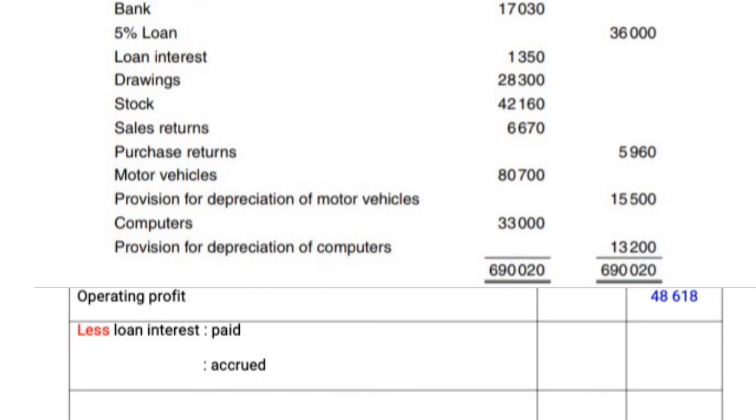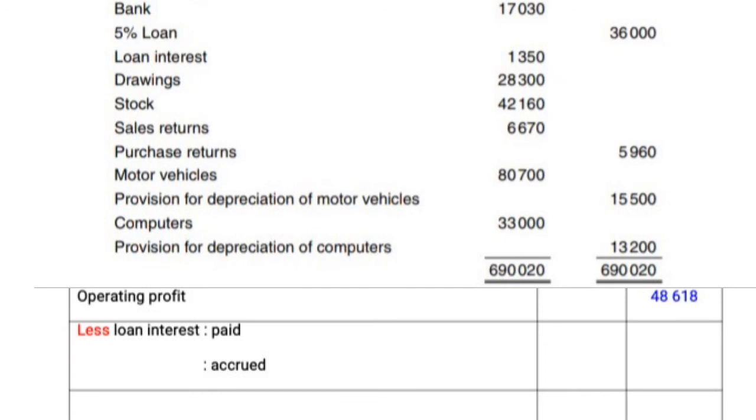But remember, the trading and profit and loss account doesn't deal with cash basis, but with accrual basis. So accrual basis says that you do not have to record only the loan interest that was paid, but you have to record the total loan interest that was supposed to be paid in the financial accounting period. So the total is found by adding the paid with the non-paid, which we call accrued, right?